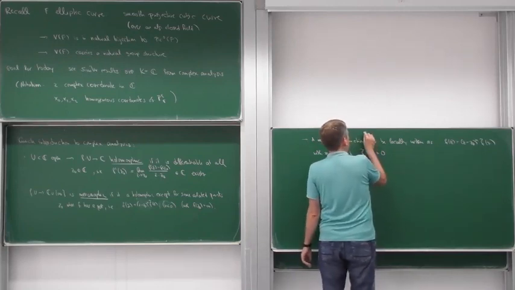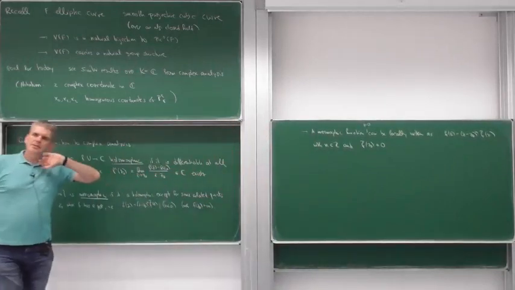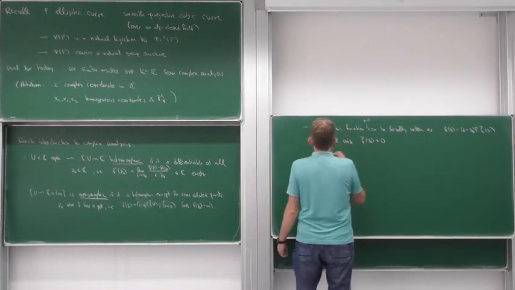So a meromorphic function not equal to zero can be locally written in that form, and then n can be considered to be the order of the zero or pole, and we would call this the multiplicity of f.